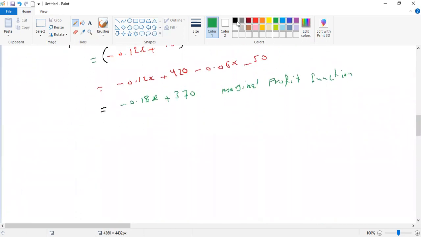For example, if we have total revenue of x from producing and selling x units given by 200x minus x squared.